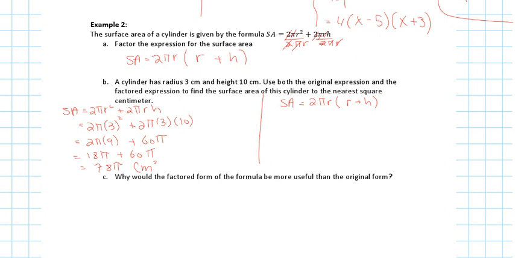For the second one, I have 2 pi times 3, and then 3 plus 10. So I have 6 pi, because 2 times 3 is 6. And then times 13, right? I added the 3 plus the 10. 13 times 6, 78 pi.